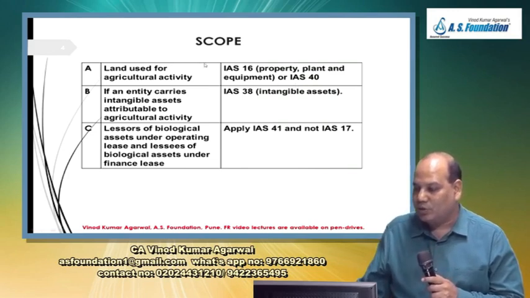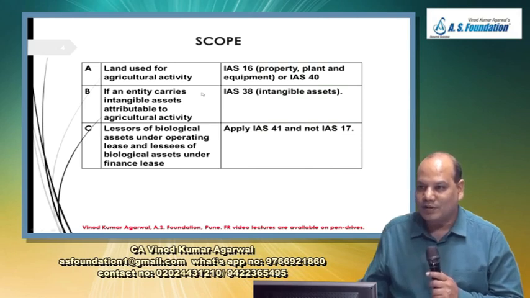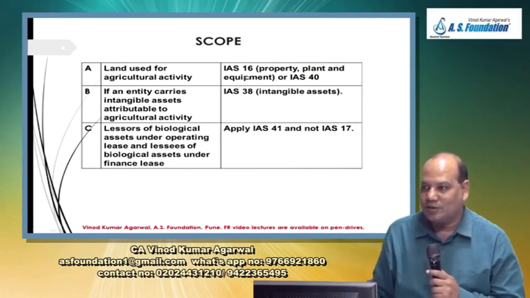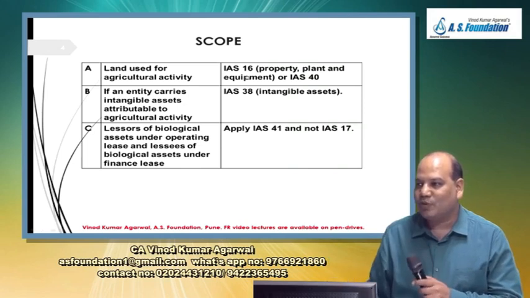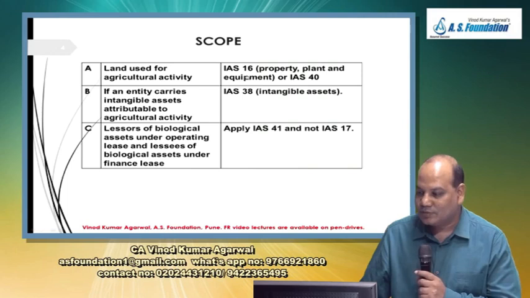So if a mango tree is growing on the land, you have to follow different standards. For land, you have to apply either of the two standards, for the mango tree you have to apply another standard, and for the mango which is on the tree, you have to apply another standard. And for those mangoes which you have removed from the tree, you have to apply yet another standard.